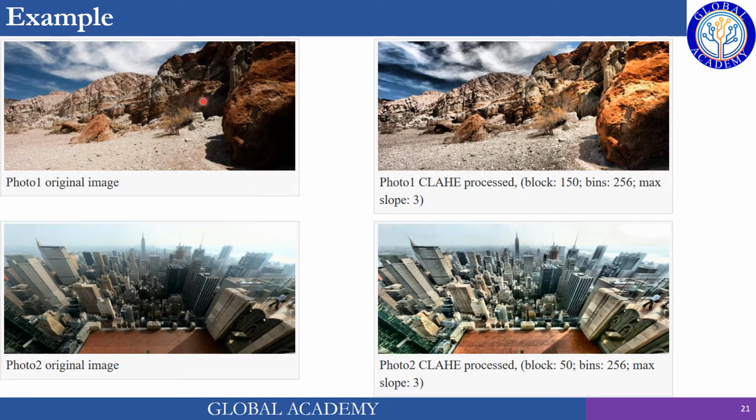You can see this colored image has a very darkened region over here, whereas it is clearly exposed in the processed image using some bins and some parameters. Similarly, this image has a very dark region over here and it is clearly exposed in the CLAHE processed image.